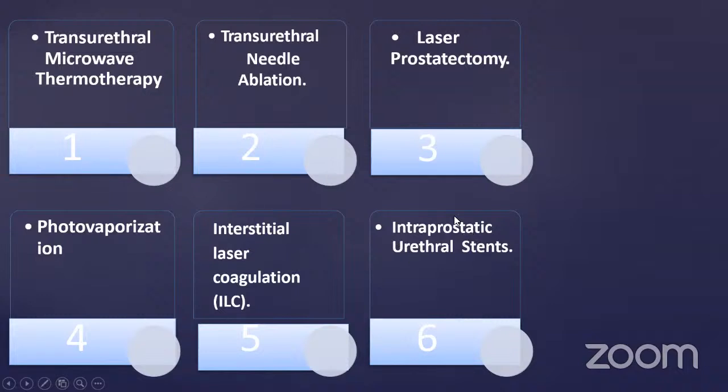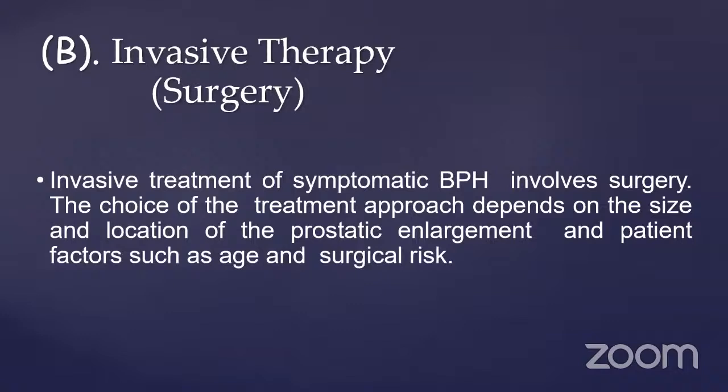These are the minimally invasive procedures generally followed in BPH. The other method is invasive therapy. Invasive treatment of symptomatic BPH involves surgery. The choice of treatment approach depends on the size and location of the prostate enlargement and patient factors such as age and surgical risk.